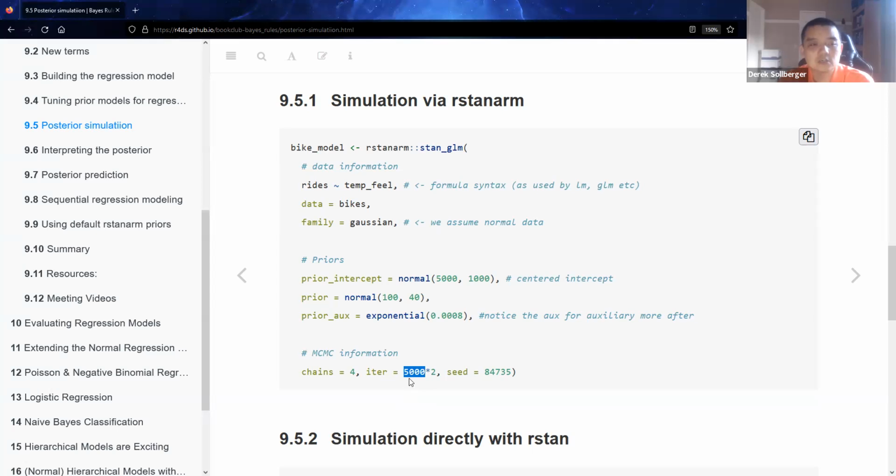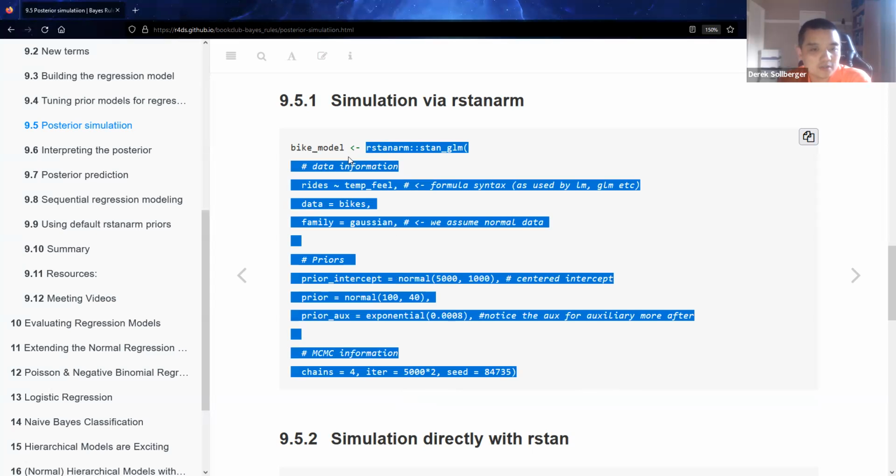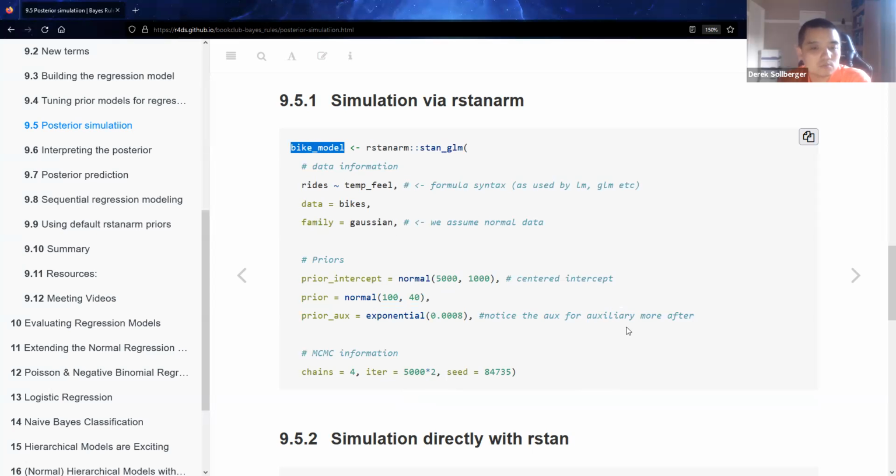However, because the MCMC process takes a while to quote unquote burn in or maybe start to converge in a sense, remember that we doubled that request. And as usual, we'll set a seed here. This all gets stored into our bike model.